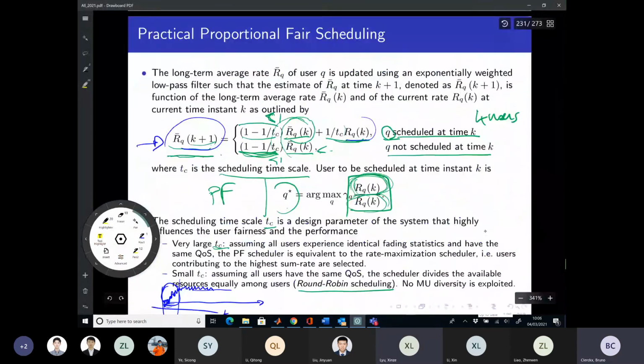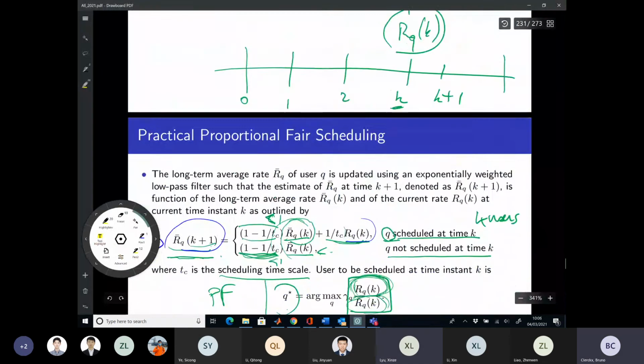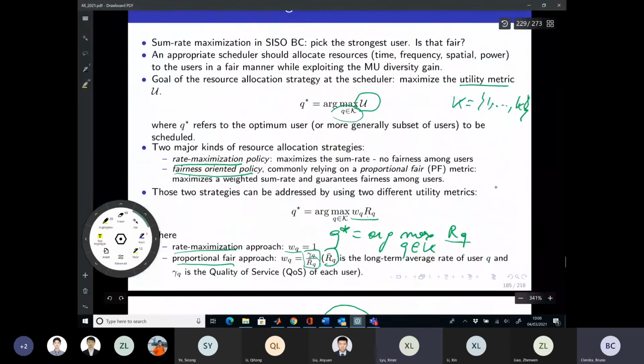So remember what we did here, right? So we had something like this here, right? Yeah. Right. So here I'm transmitting to one user at a time, but I'm finding the user that maximizes this ratio. Okay.